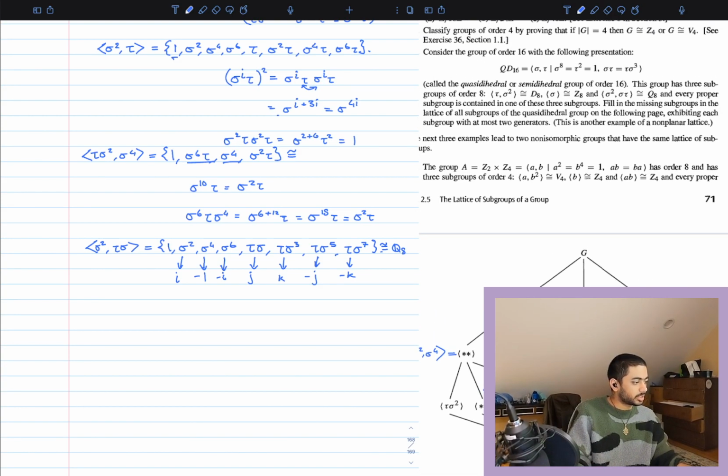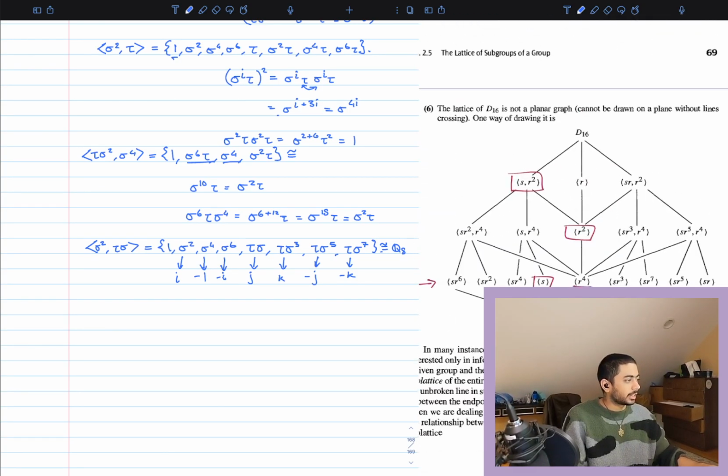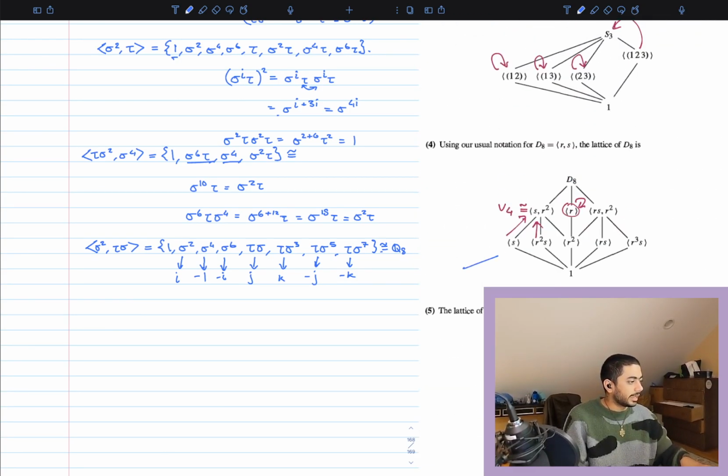Because this one is like D8, and so if you just look at everything you can reach by going downwards from here, all of this stuff, you really do get something that looks identical to D8's lattice, which is pretty cool.